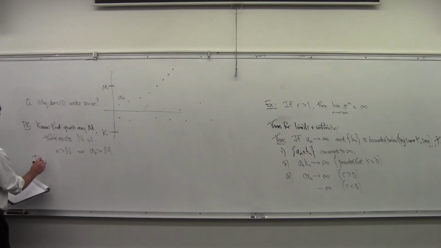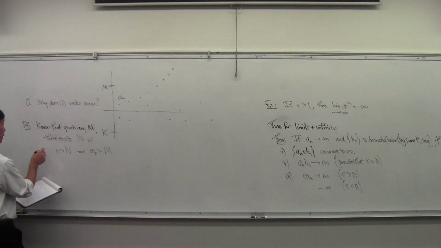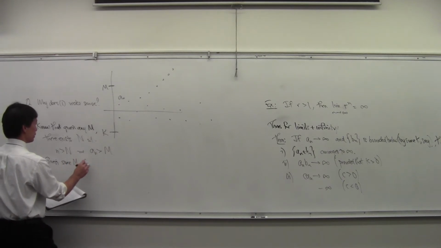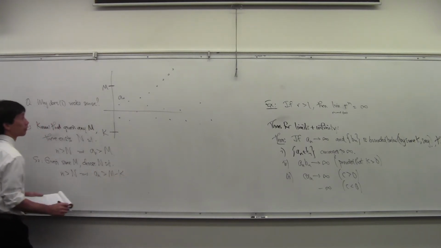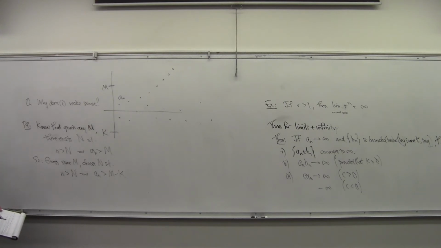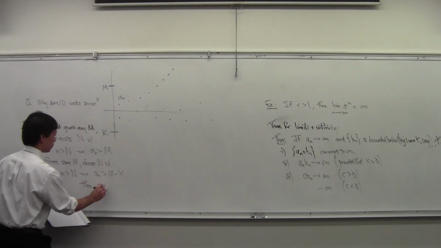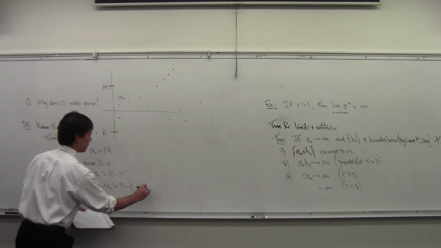In particular, given some m, choose N such that n exceeding N ensures that a sub n is bigger than m minus k. But then a sub n plus b sub n is bigger than m minus k plus k, which is m.